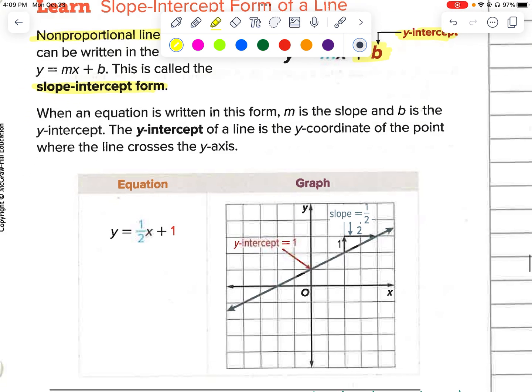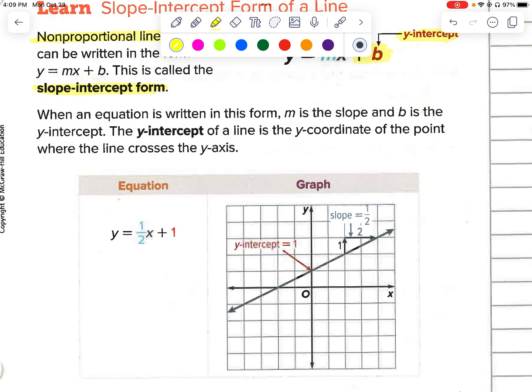Okay. When an equation is written in this form, m is the slope, as I've told you, b is the y-intercept, and the y-intercept is the point where the line crosses the y-axis.